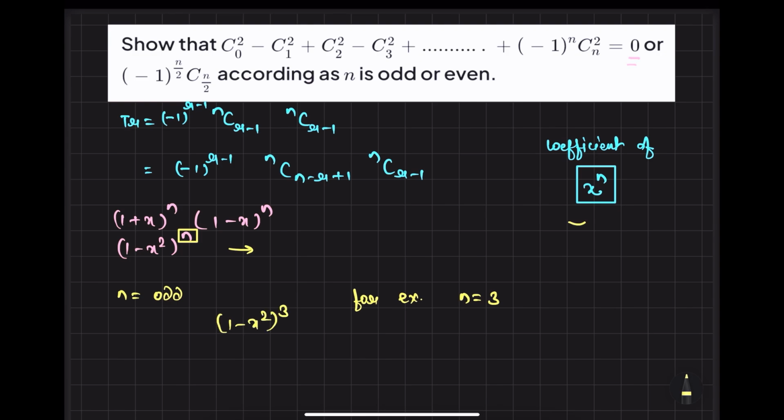Now look at this. We want the coefficient of x power n, so we want the coefficient of x power 3.